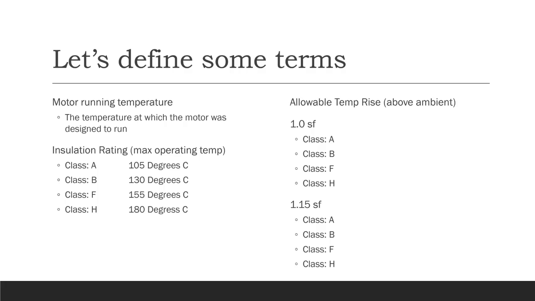When you look at a motor data sheet, there are lots of different numbers, and there are motors like temperature rise over ambient. There are numbers like the motor designed running temperature. Then there is an insulation rating, which can also be called the maximum stator operating temperature.